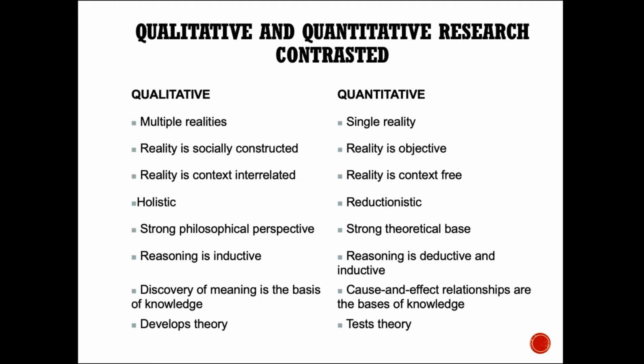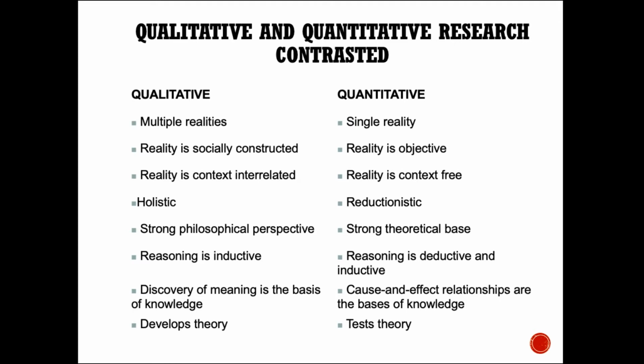In qualitative, a strong philosophical perspective. We use our philosophies, our understanding, our logic to develop actually theories. But in quantitative, it is a strong theoretical base. We must have a strong theoretical base. We must have a theory, a concept to explain for us that phenomenon. Then we do an investigation to confirm that theory or no. In qualitative, reasoning is inductive.